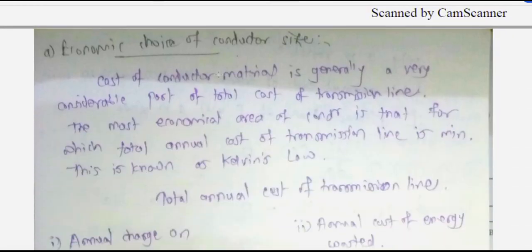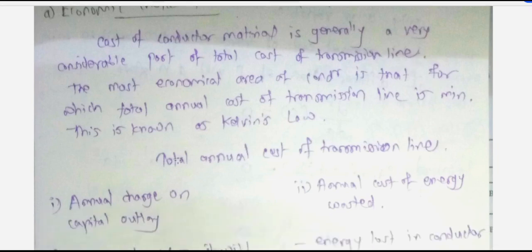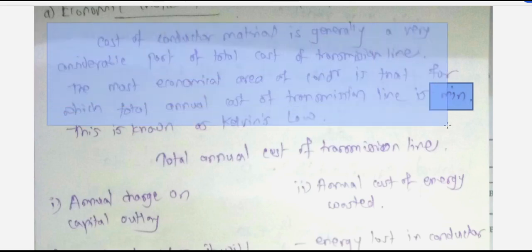Now first, the economic choice of conductor size. The cost of the conductor material is generally a very considerable part of the total cost of the transmission line. The most economical area of the conductor is that for which the total annual cost of the transmission line is minimum. This is known as Kelvin's law. So what is Kelvin's law?